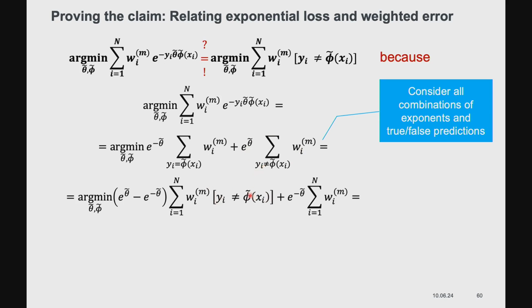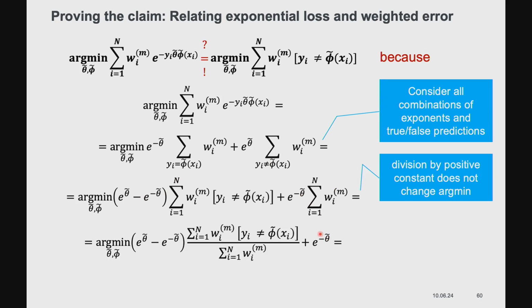So we can go from here to this condition inside. And here we have added something that we also subtract here. So this is an algebraic reformulation of the previous line.